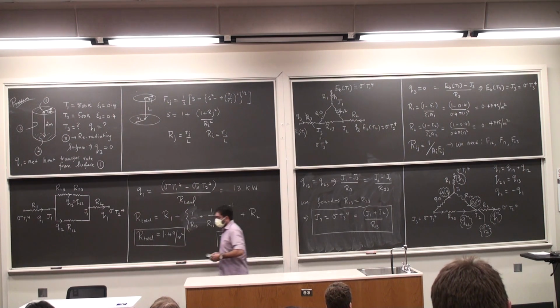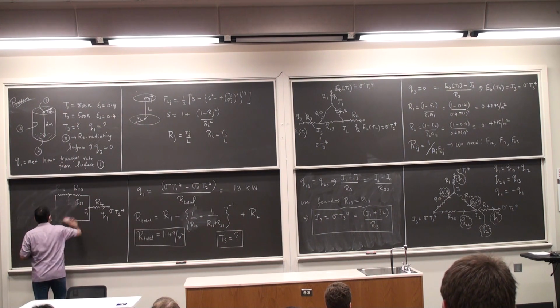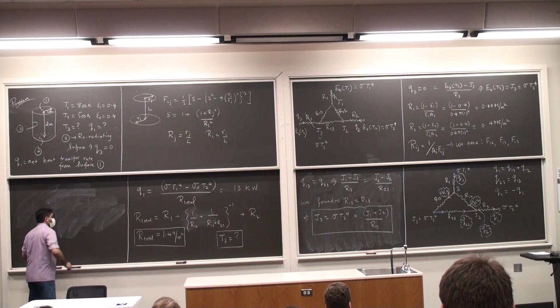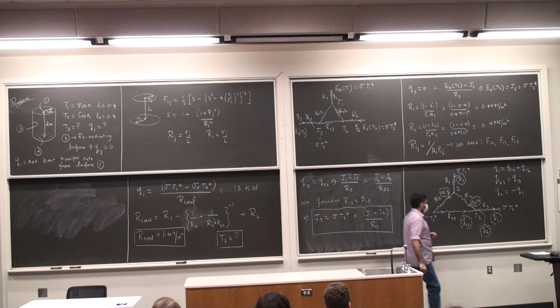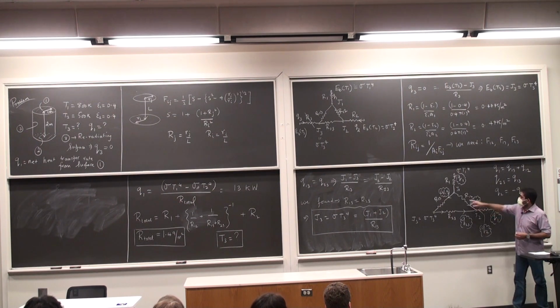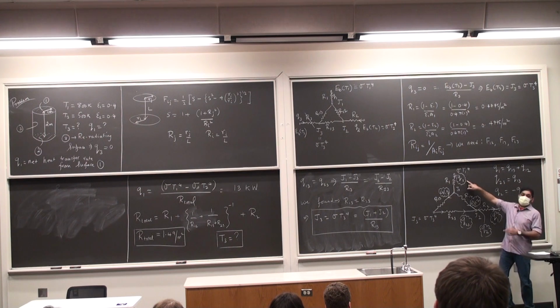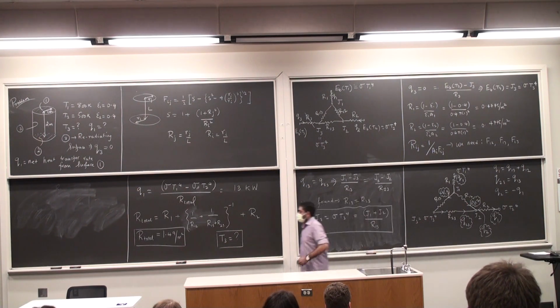I'm going to erase this figure here. And to find J1, look at this. Focus on where J1 is, right here. I know R1, I know T1, I know Q1, because we just found out Q1. So I can find J1 using the following idea.